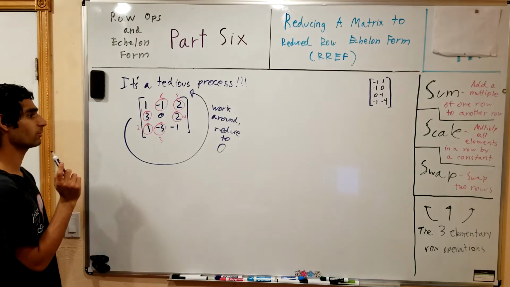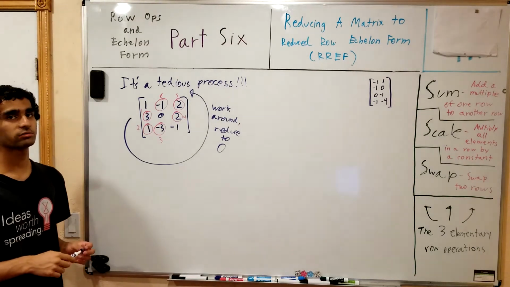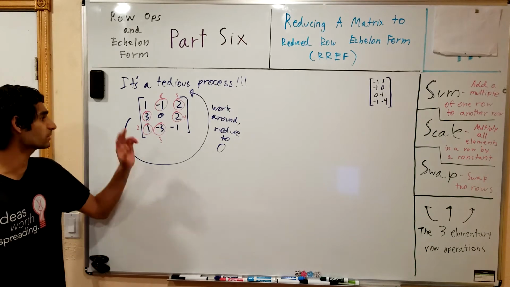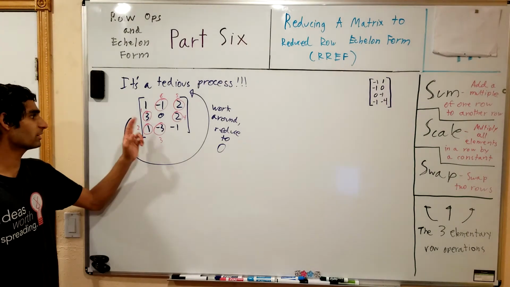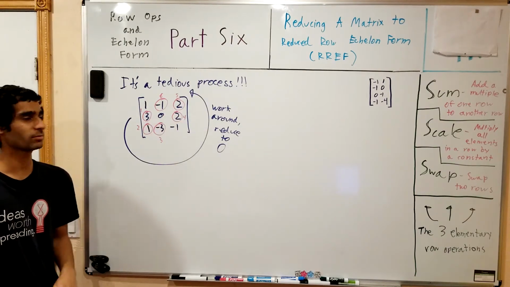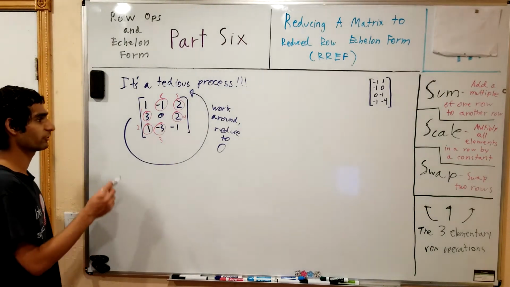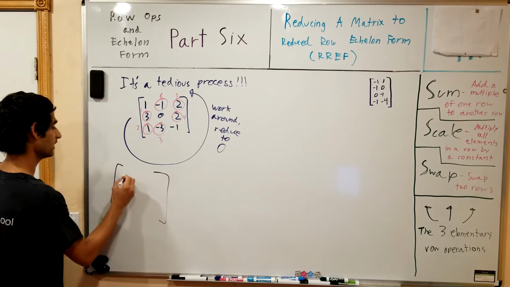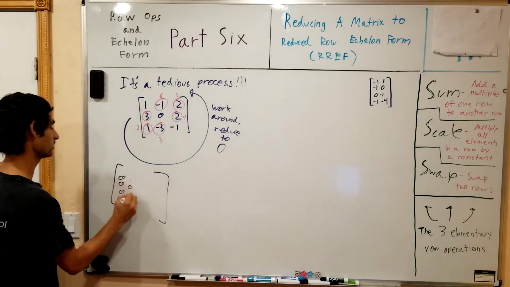Now, the process is quite similar to what we had for reducing it to plain echelon form, except that with the pyramid method, instead of just doing it for the lower half, we're going to do it for the upper half as well. And obviously, if it's a 4x4 or a 5x5 matrix, the process is going to be similar, except we'll just expand our pyramid.